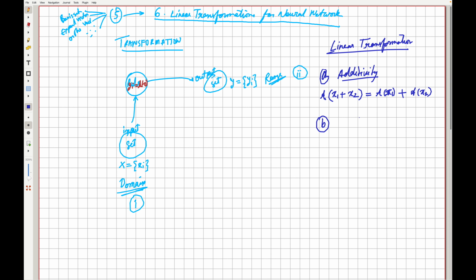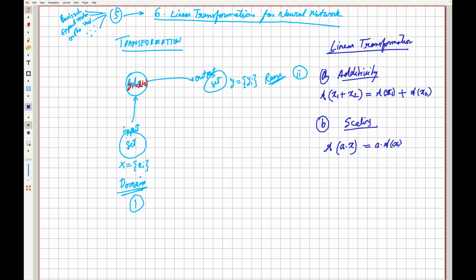The second is scaling. In scaling, what we are saying is that if we have a vector x, and I scale it by multiplying it with some scalar value a, or some number, and then apply the transformation rule A, that is the same thing as applying the transformation rule A to the vector x first, and then multiplying that with the scalar value a.